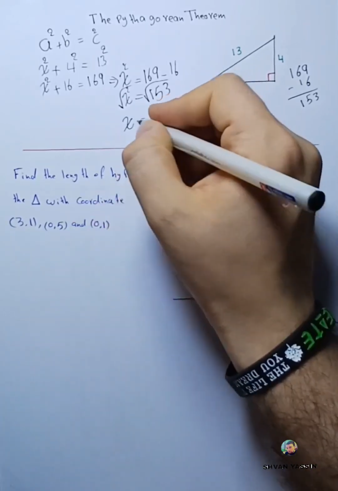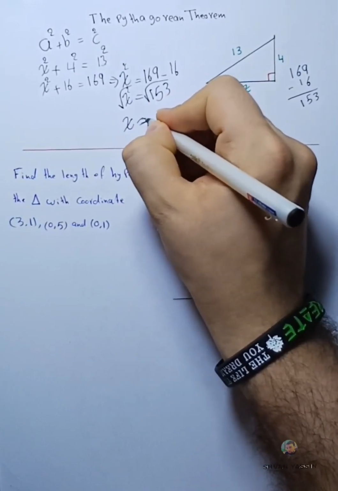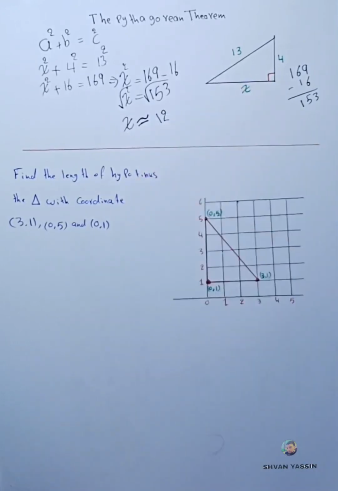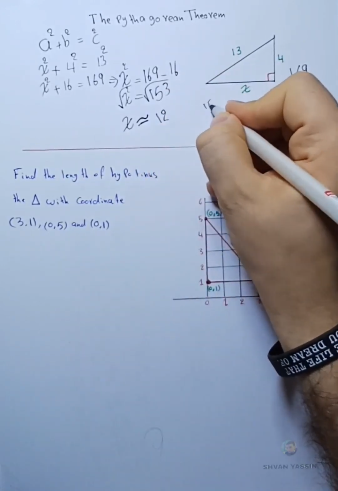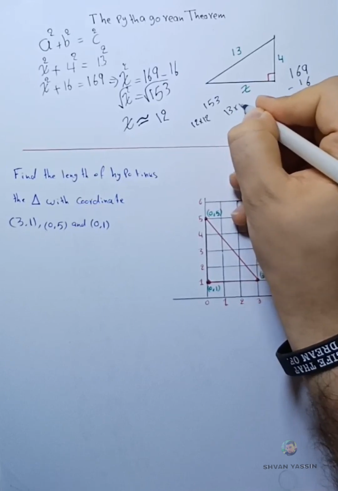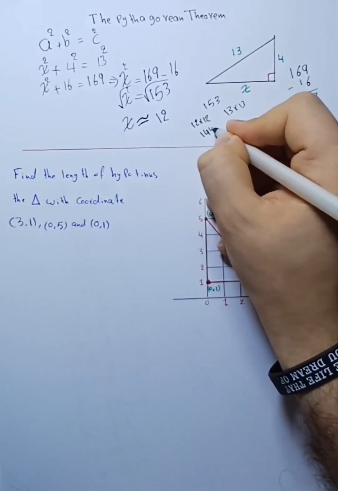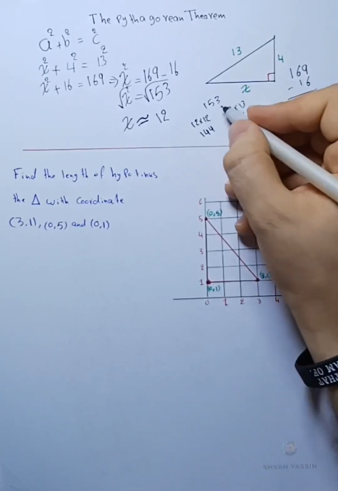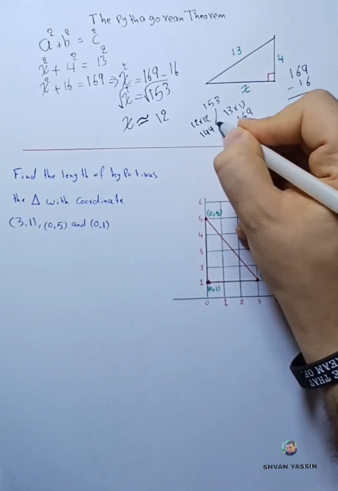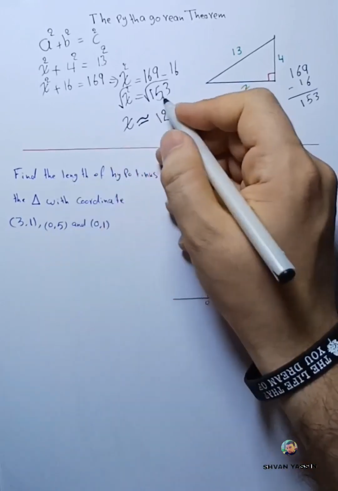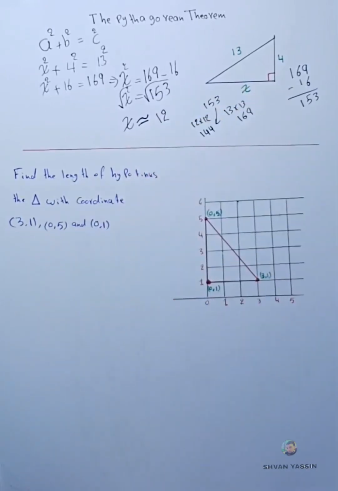So we can say x is approximately equal to 12, because 153 is between 12 times 12 and 13 times 13. 12 times 12 is 144. 13 times 13 is 169. 153 is closer to 144 than 169. So the square root of 153 is approximately 12.